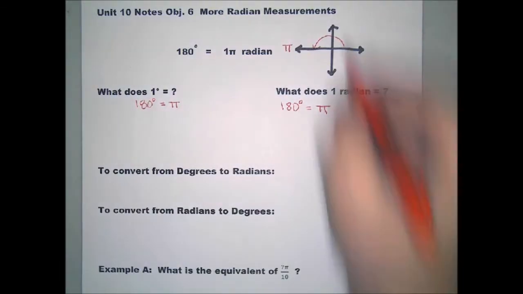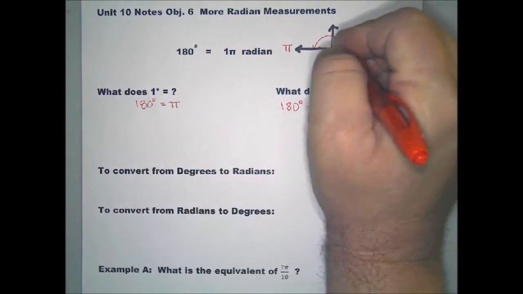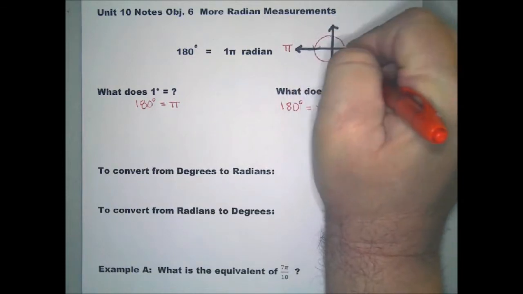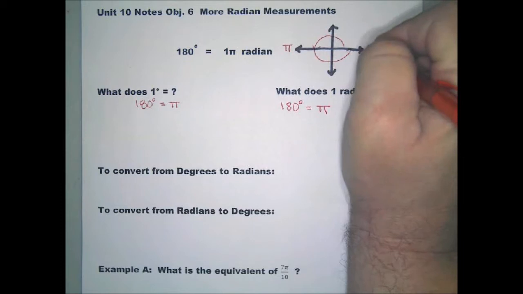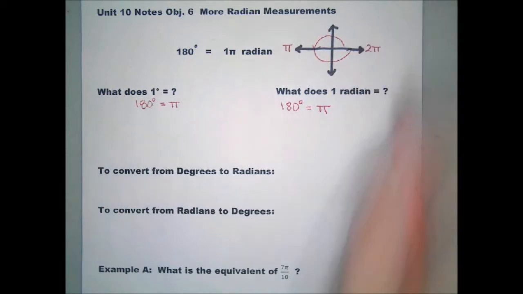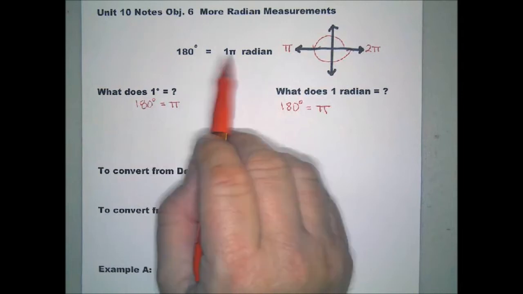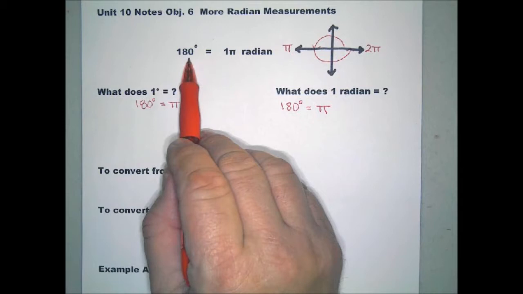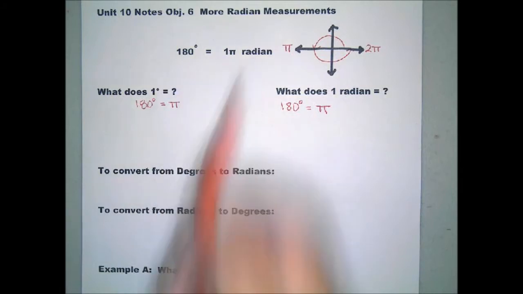And then, of course, if 1 pi takes you halfway around, then 2 pi will get you all the way around. But we're going to work with this 1 pi equivalency right here, the fact that 180 degrees equals 1 pi radian.